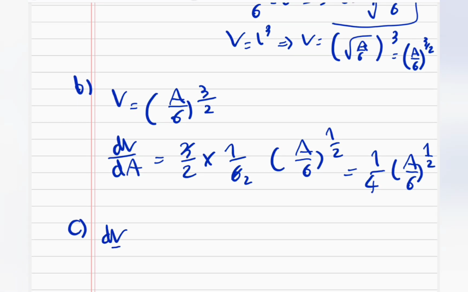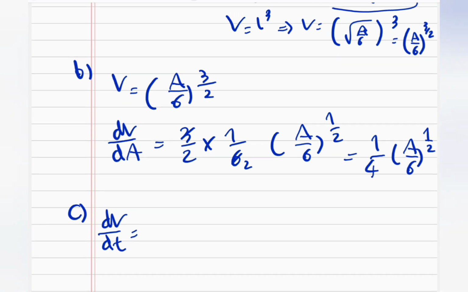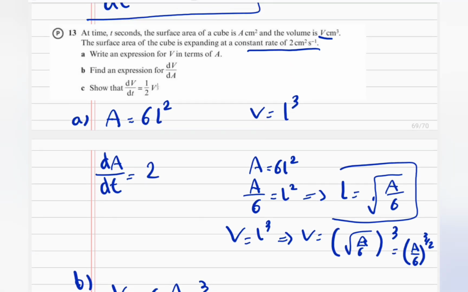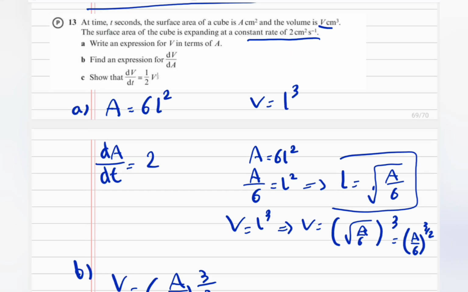So dV by dt is equal to, in questions like this, we always need to have 3 parameters to form the chain rule. Obviously if the time is an element in the question, for example here, the question is basically telling you the volume and surface area at different times.